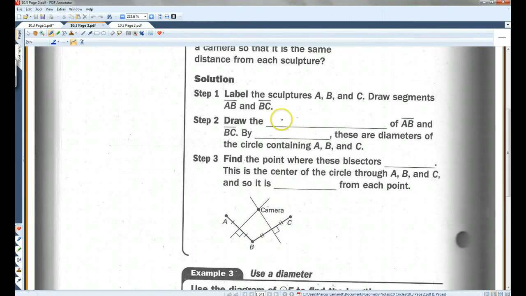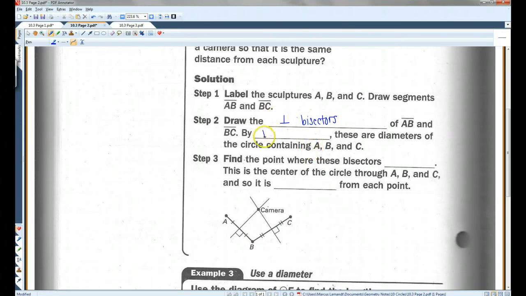Draw the perpendicular bisectors of AB and BC. So, if this is AB, I'm going to draw a perpendicular bisector of AB. So it makes a right angle and it bisects it. I'll also draw a perpendicular bisector of BC. Right angle and it's bisected.